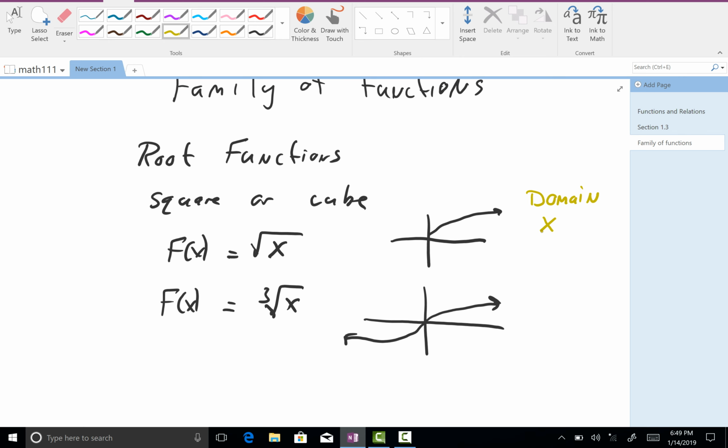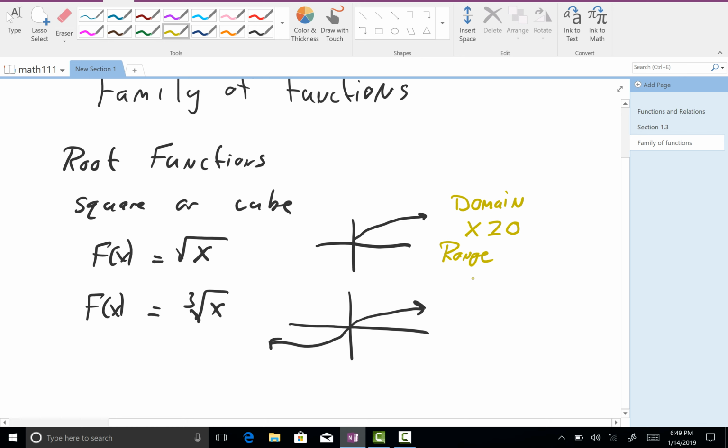All right. What about the range? Same thing, I heard somebody say, yep, got to be greater than or equal to 0, okay? Not only can't we take the square root of a negative number, we're not going to get a negative number for an answer. All right, so it's got to be greater than or equal to 0.